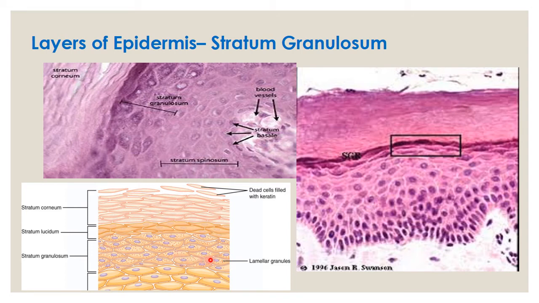And also there are special Golgi derived lamellar granules, which are composed of glycoproteins and lipids. Later on, these lamellar granules show exocytosis, and they form a lipid coating over the cells, which helps in the impermeability of the skin to the loss of water, and also forms a protective layer of the skin.